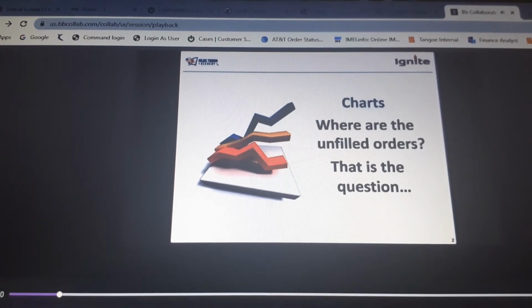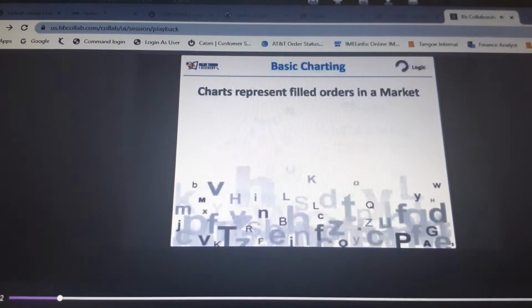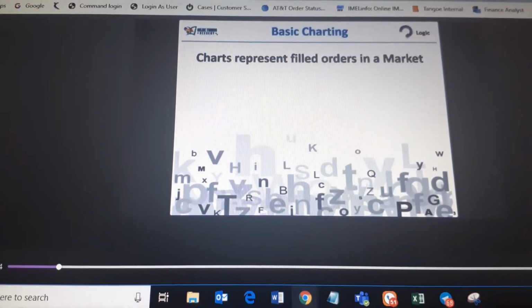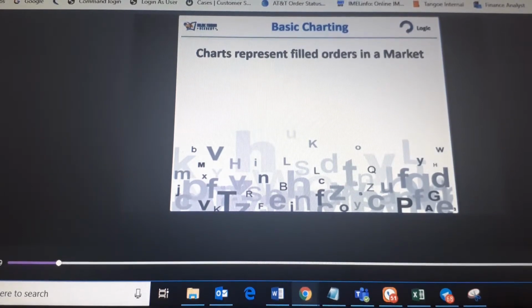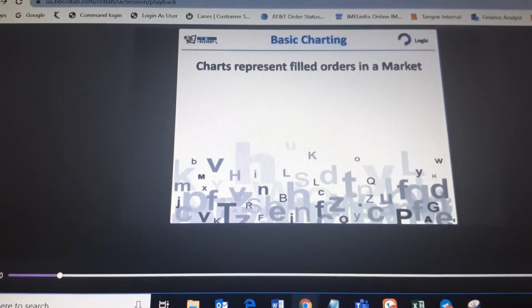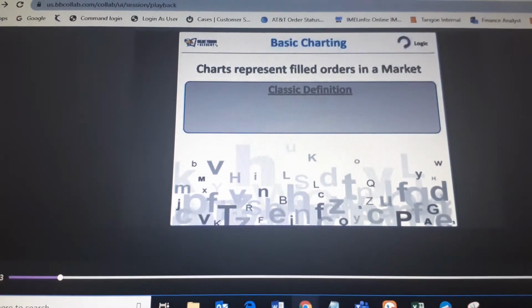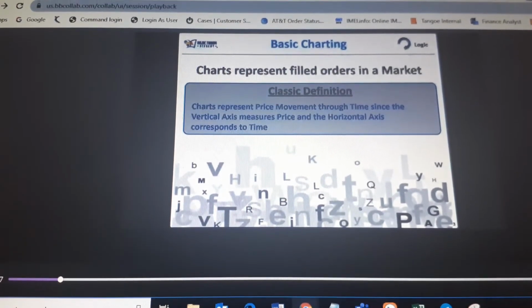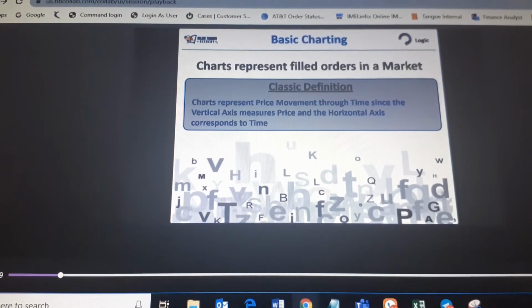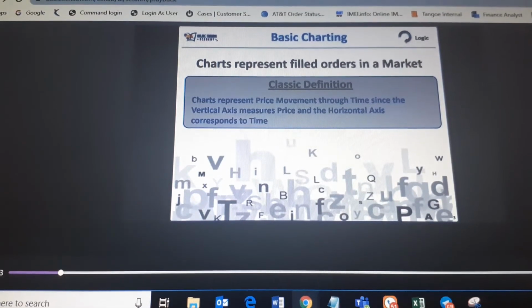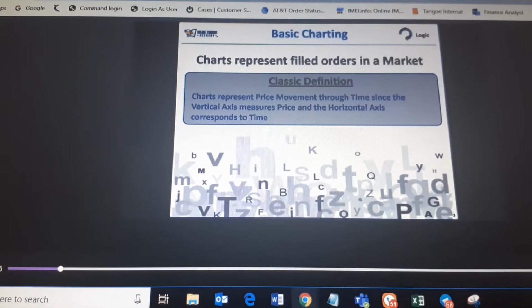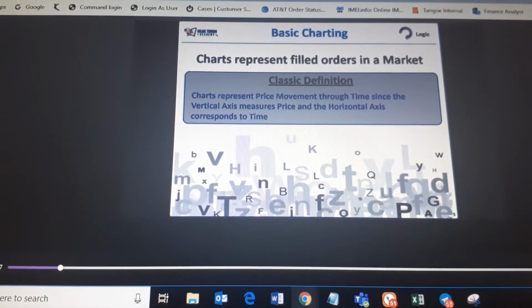Chart represents filled orders in a market. But what do we want? What is the classic definition of a chart? A chart represents price movement through time, since the vertical axis measures price and the horizontal axis corresponds to time.